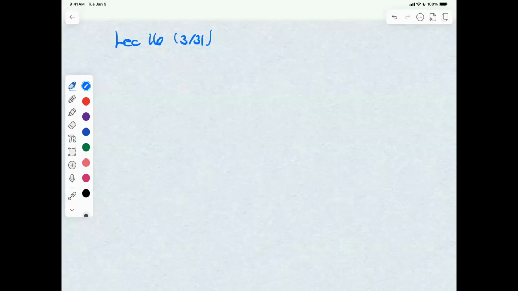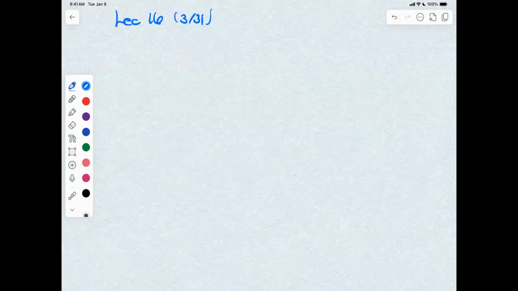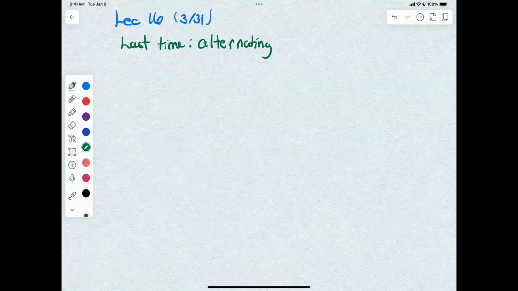Okay, so last time we were talking about the alternating series test. This is a series where the terms alternate between being positive and negative, or negative and positive.